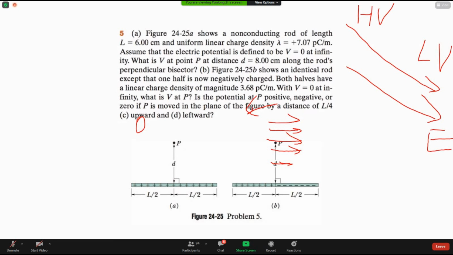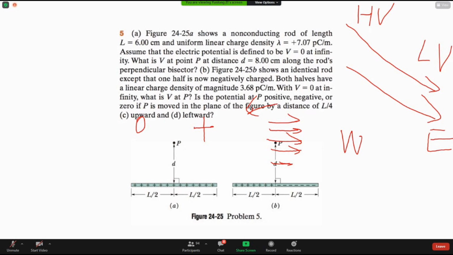You need to do some work to compensate for the electrostatic force, so work must be done, and in that way the potential would be increased. Well, they're not asking how much, so we actually don't need to calculate. We just need to do the analysis.